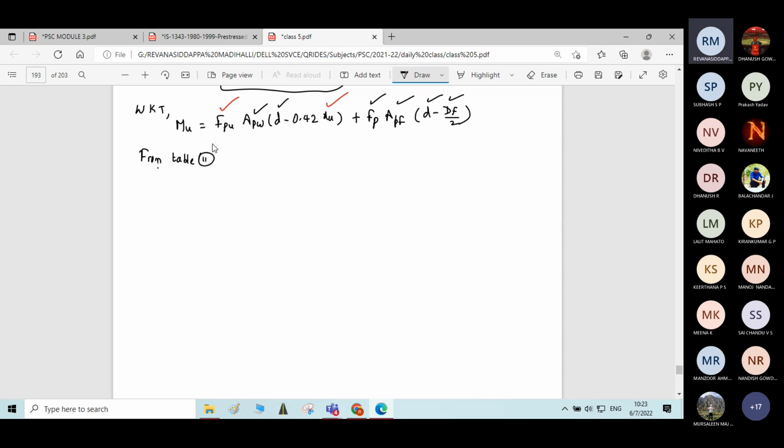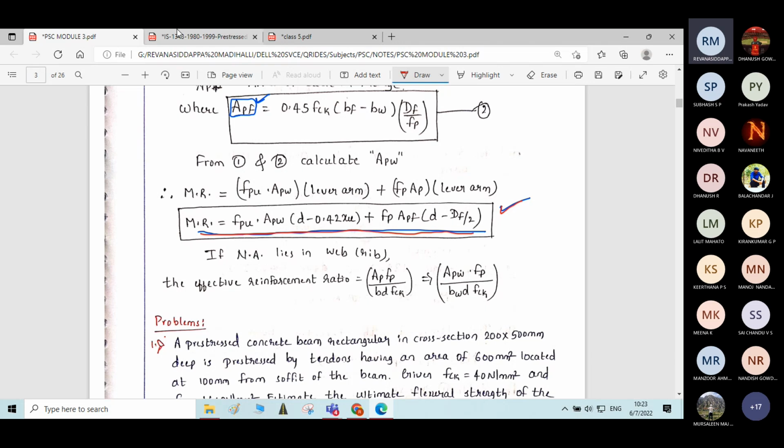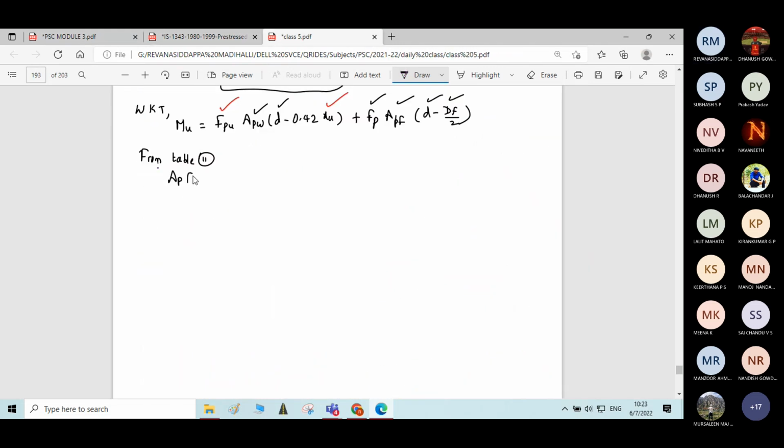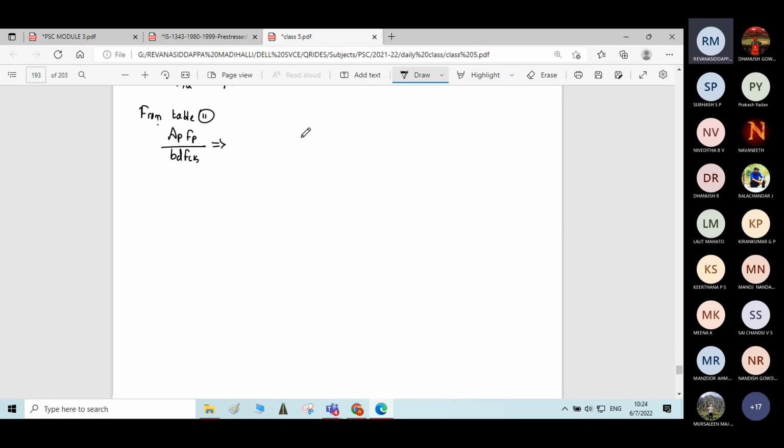Now we have to rewrite this formula corresponding to the depth of neutral axis lying within the web.